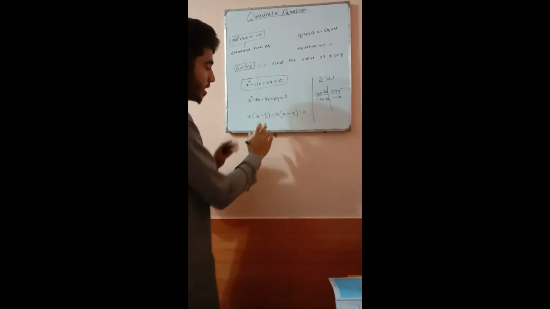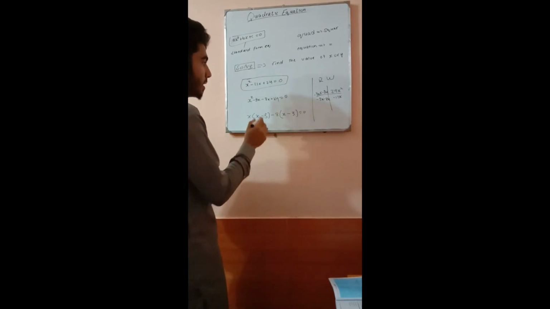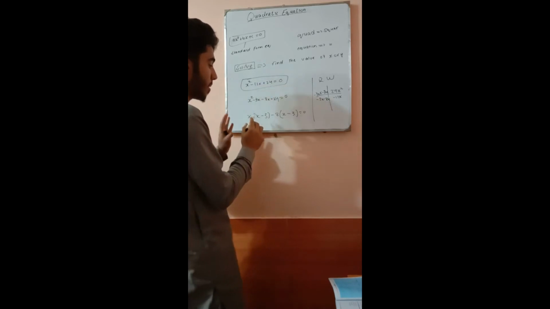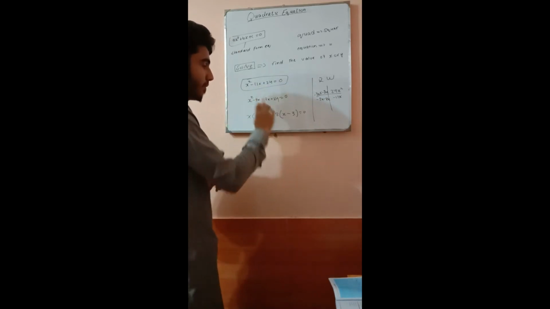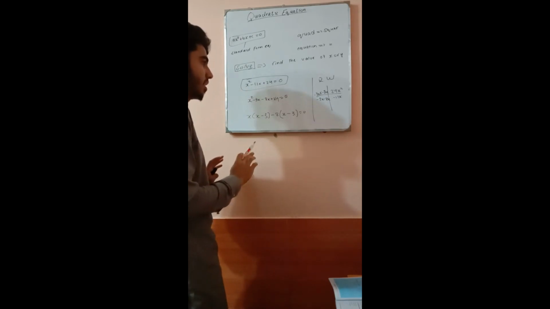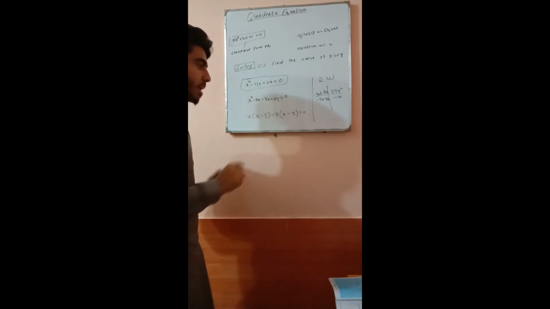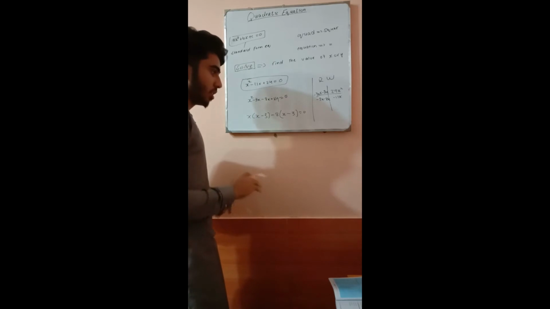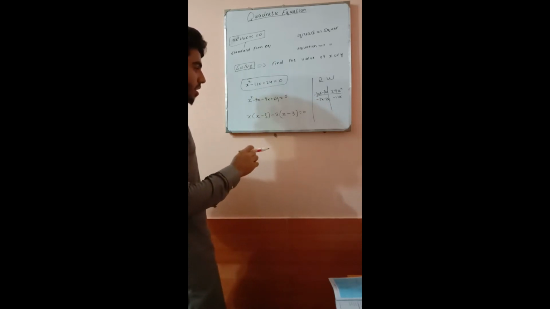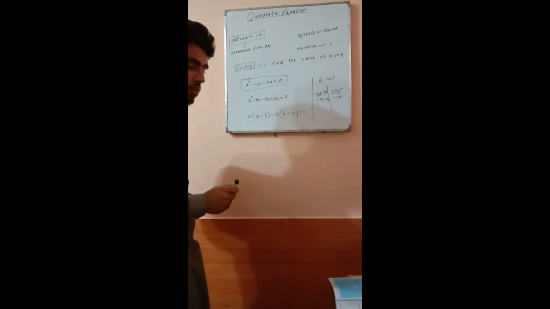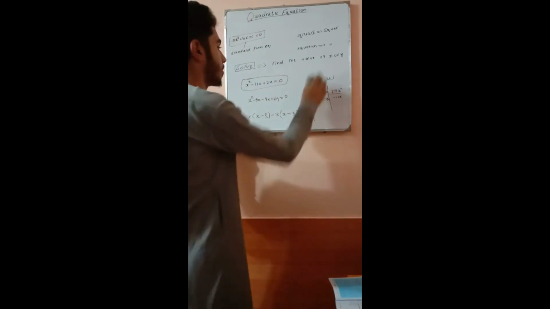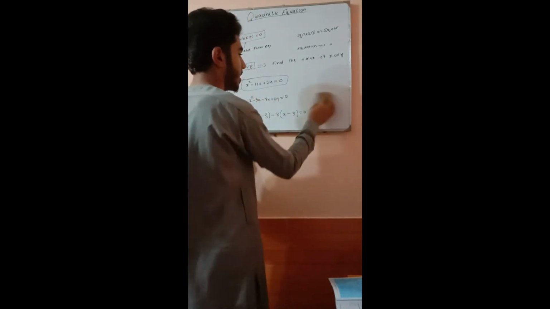And when you take the common in the factorization method, if the common is the same, then you can think that the factorization is correct, okay. And if the common is not the same, then you think that the factorization is not correct, okay. And we go to the next stage.